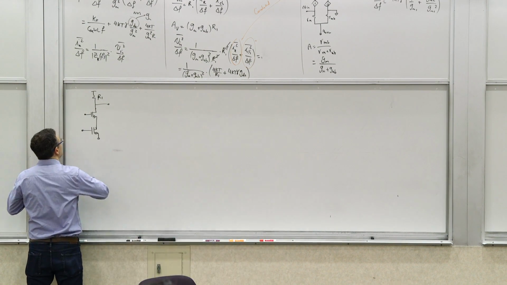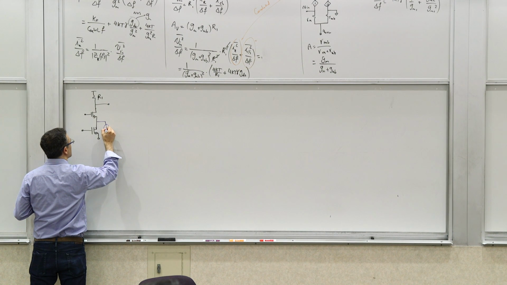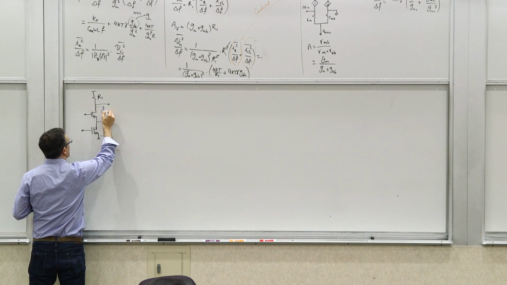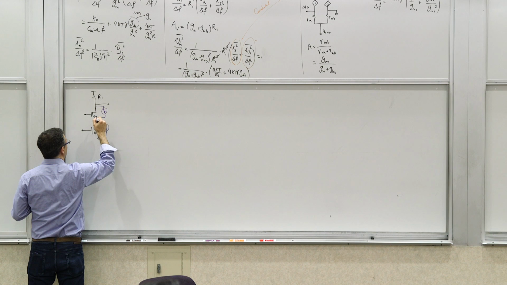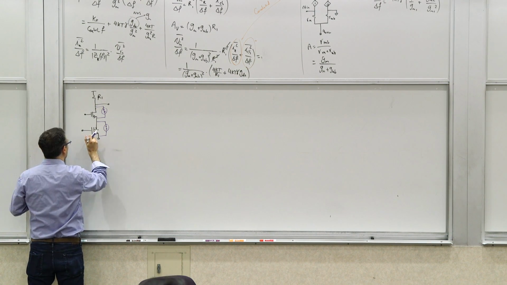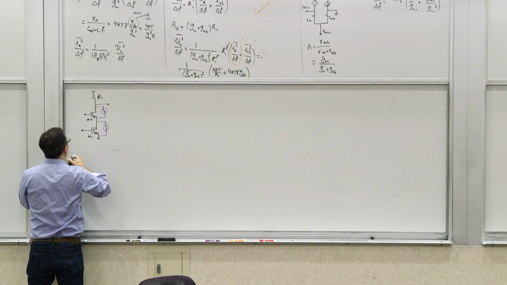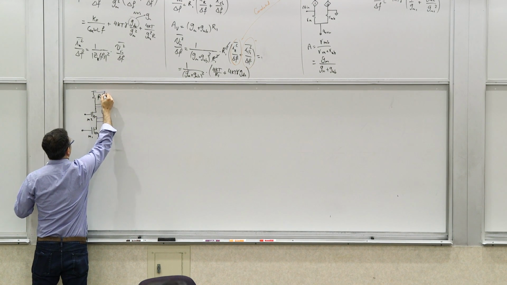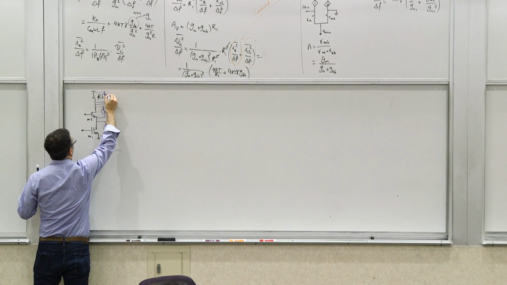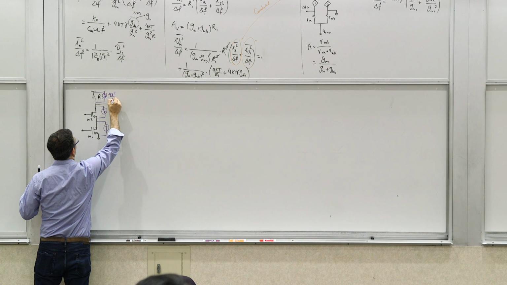So what are the noise sources we take into account? Let's just think about the channel noise of M1 and M2. Let's call this M1 and M2. And then the thermal noise of R1, right? So this is 4kT over R1.